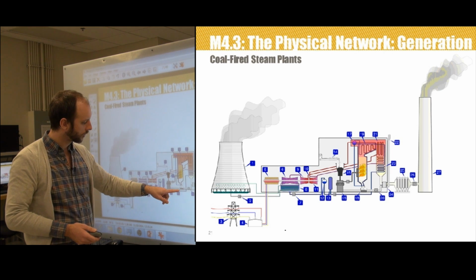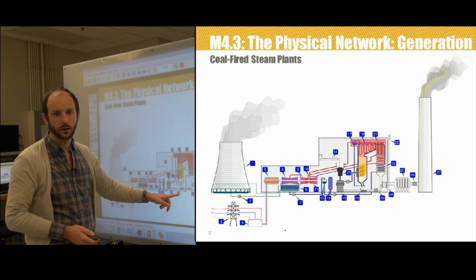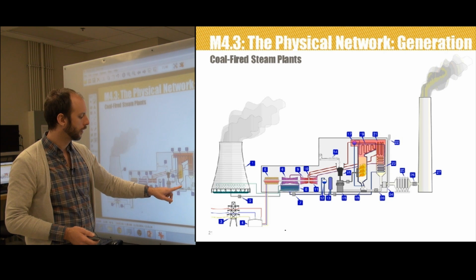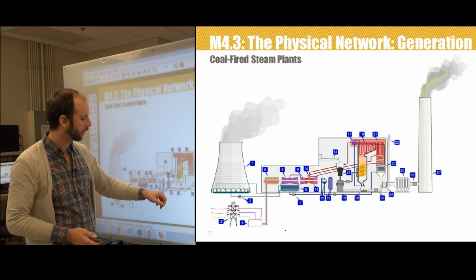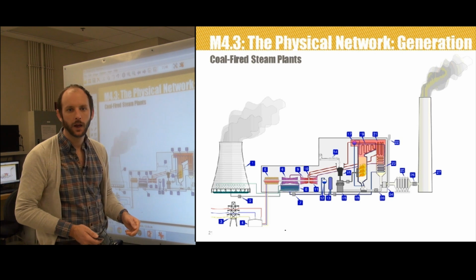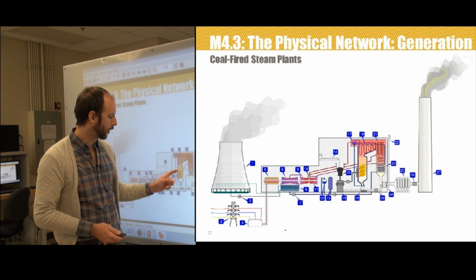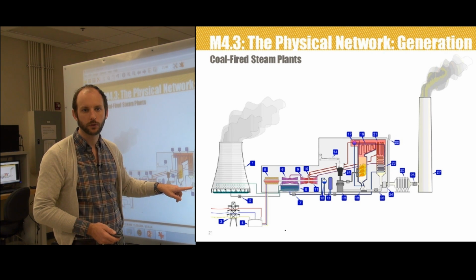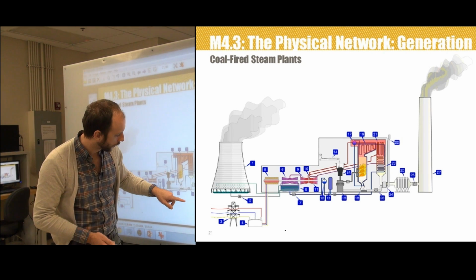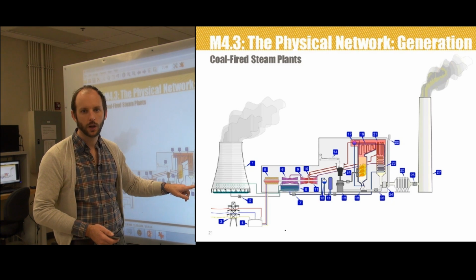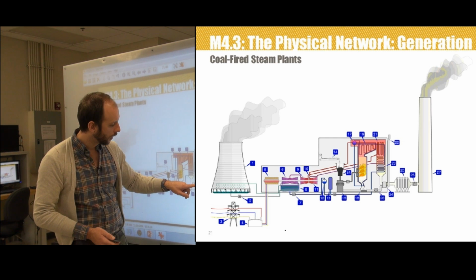The boiler does have some exhausts associated with it. There are solid wastes that come out of the hopper and have to be collected. So this is the fly ash collection here, of the uncombusted coal that comes out of the bottom of the burner. Also, the hot gases, as they escape the burner, are pulled by what's called an induced draft fan, and they go through an electrostatic precipitator.